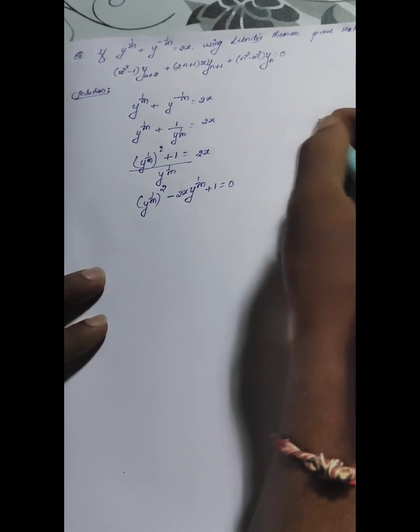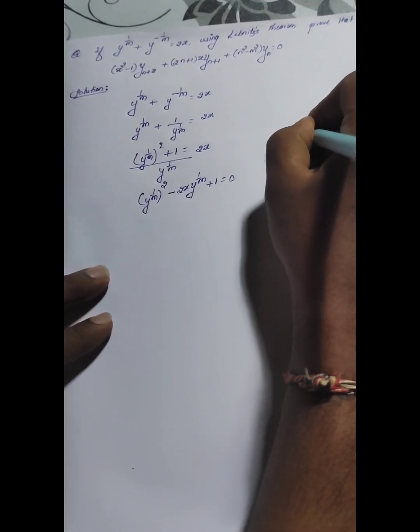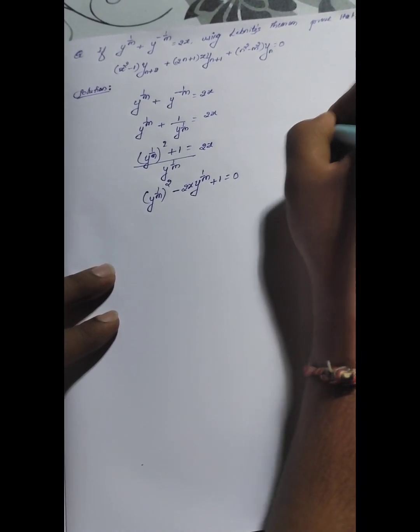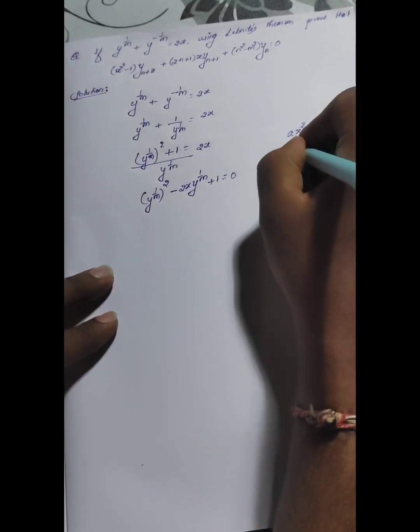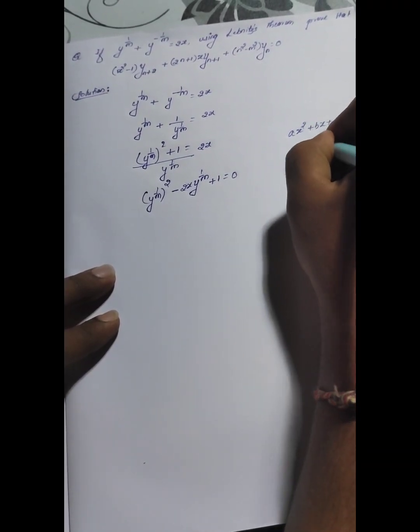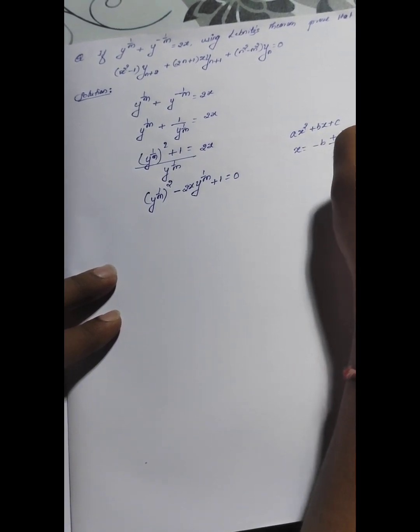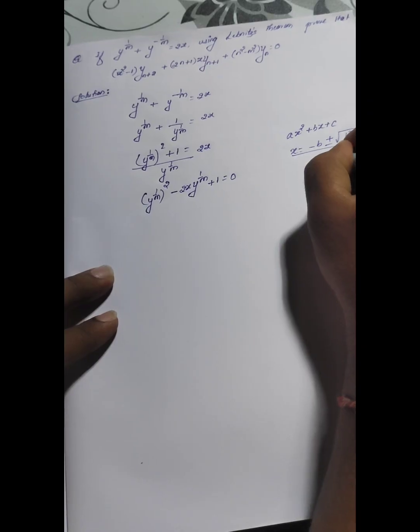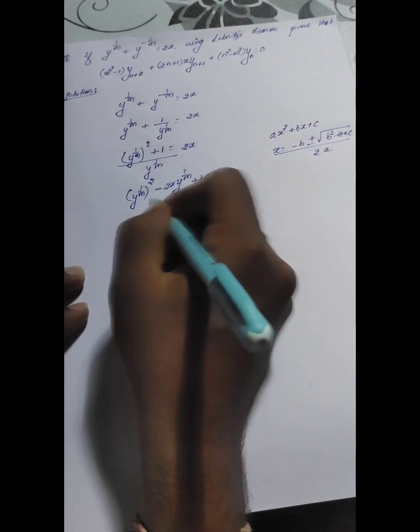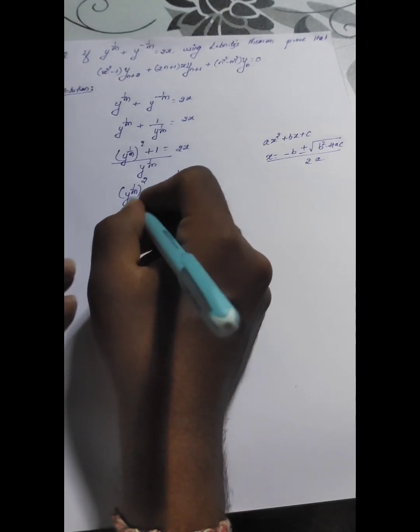So we know that ax square plus bx plus c, the quadratic equation, we can solve it using a formula, that is x is equal to minus b plus or minus root of b squared minus 4ac divided by 2a. So we will apply the same thing here, but for the sake of simplification, y raised to 1 by m is a little difficult to write.